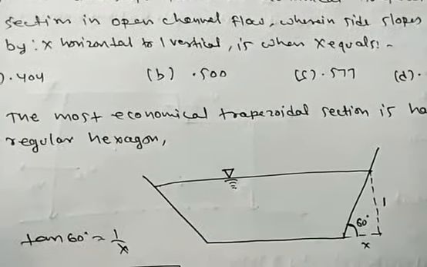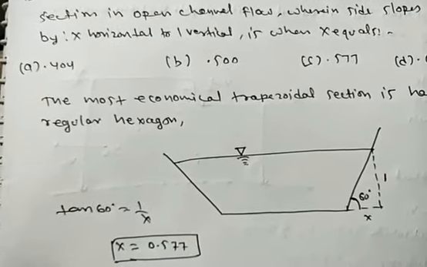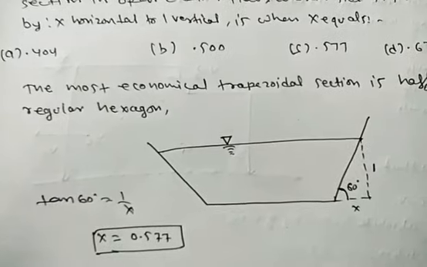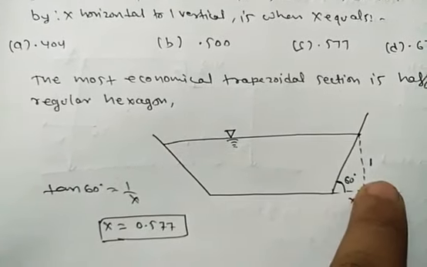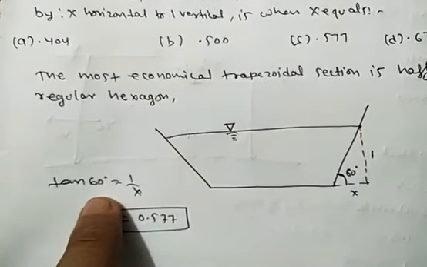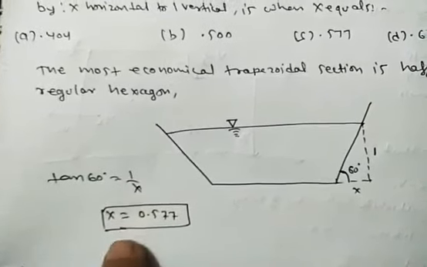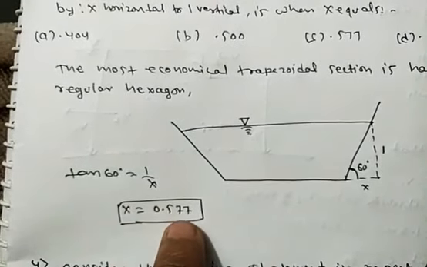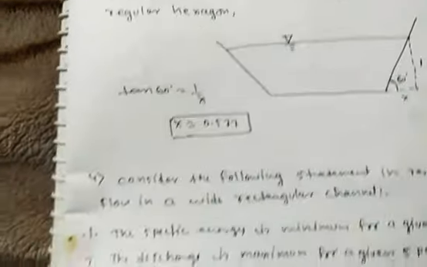The most economical trapezoidal section is half of a regular hexagon, and theta is 60 degrees, so tan 60 equals 1 by x, and x equals 0.577.